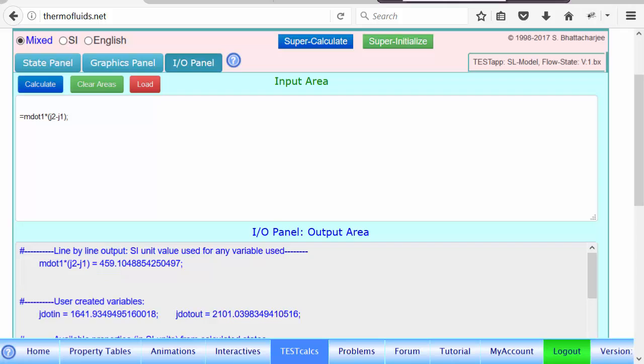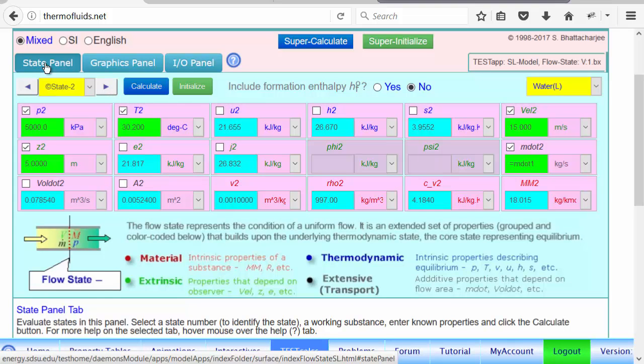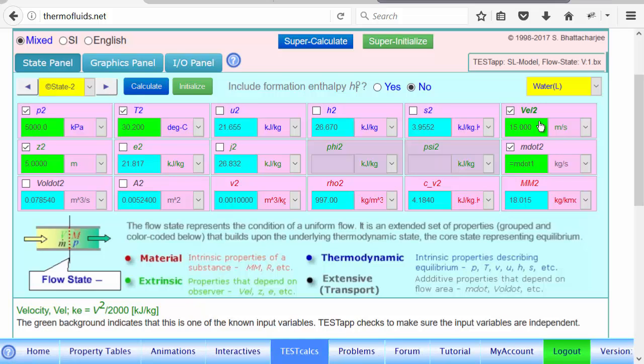But just from the flow state perspective, it tells us exactly how much is the increase in the flow energy. How much of that is because of, let's say the question was, what is the contribution of the velocity?